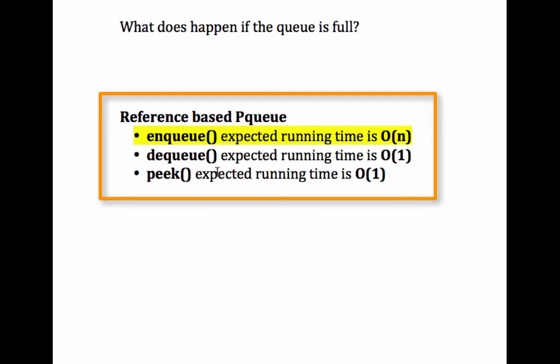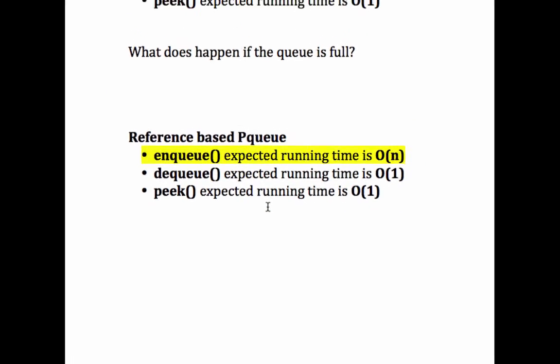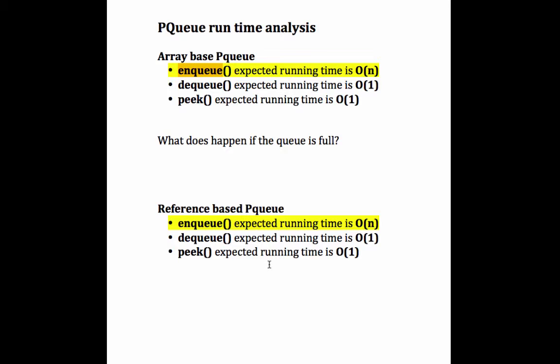So dequeue and peek methods are constant, so they remain the same. We can see that using priority queues, even with an array-based implementation or a reference-based implementation, we are making things a little bit worse because the expected running time goes from O(1), which is constant and independent of the size of the data, to being directly proportional to the size of the data.